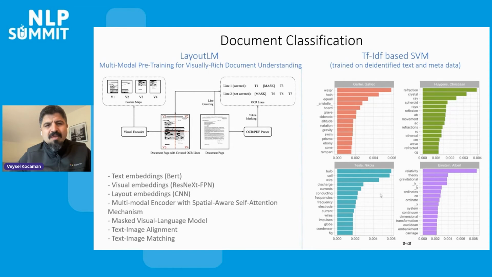Then we thought about, okay, what if we also could leverage the layout information? Then we ended up using the LayoutLM algorithm. LayoutLM is a multimodal pre-training for visually rich document understanding algorithm that we have as a pre-trained model in Spark NLP, and we fine-tuned this algorithm on a Novartis specific data set.